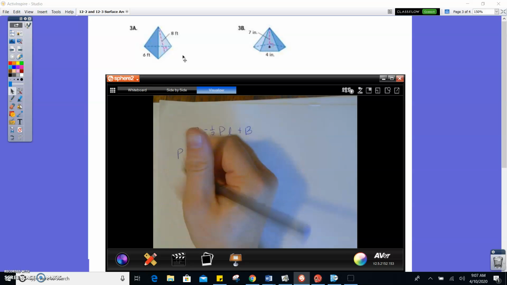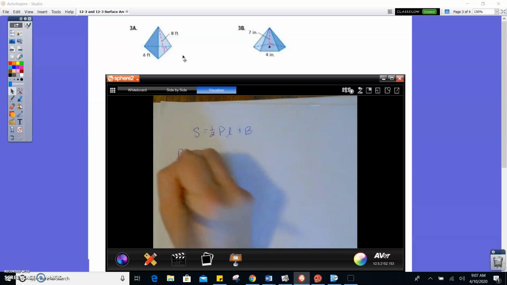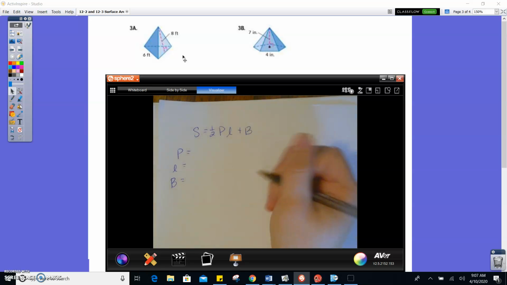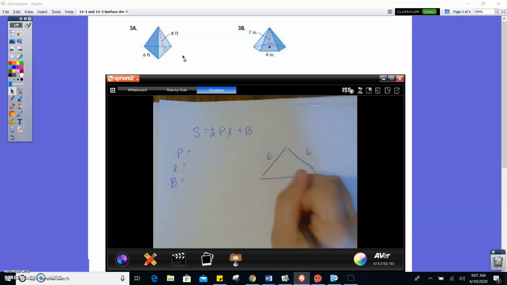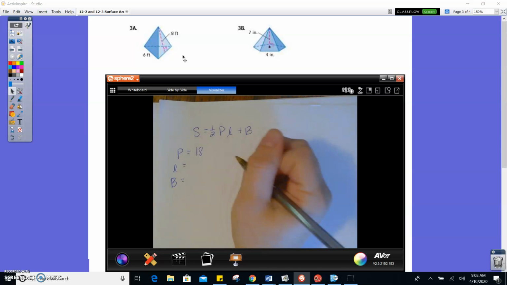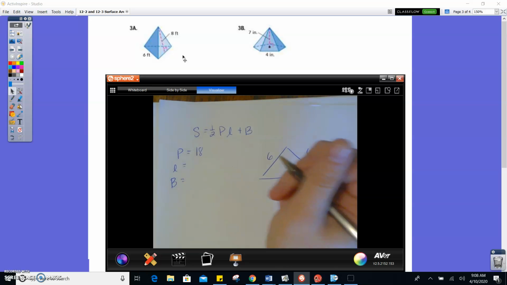So I'm going to write my variables that I will need to find. So for perimeter of the base, my side length, I'm just going to draw a picture of that base over here. Each side is 6, so my perimeter is 18. They gave me the lateral height, the lateral slant height of 8 feet. But now I need to find area of the base.